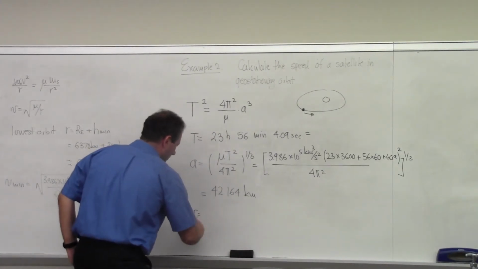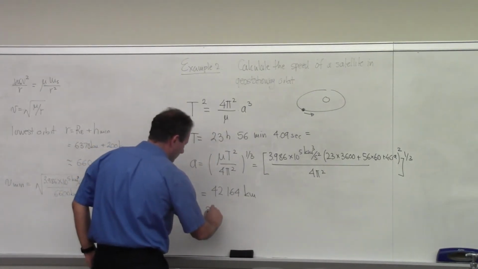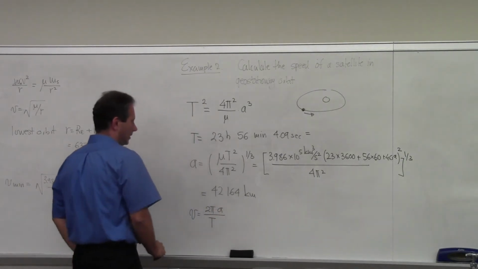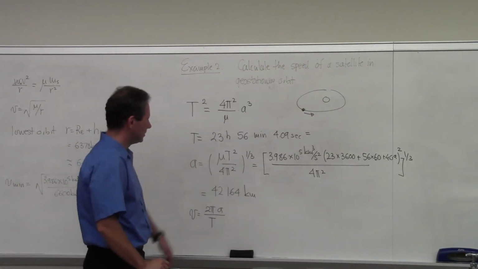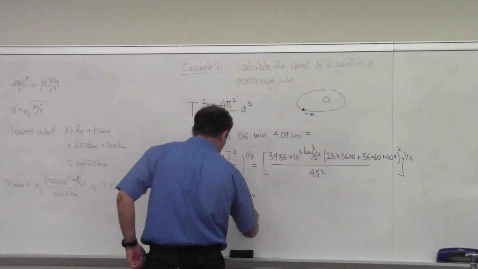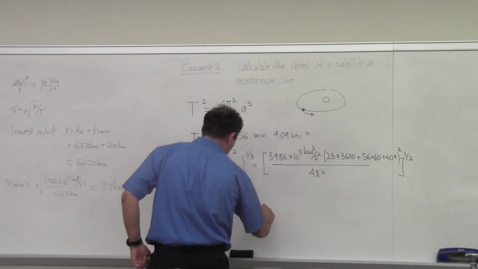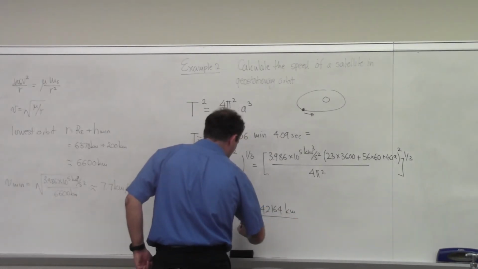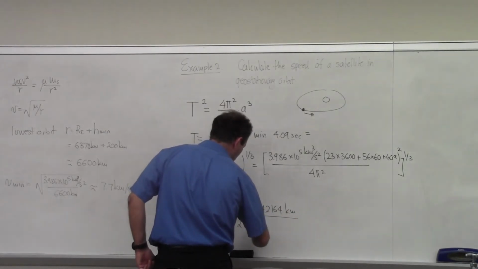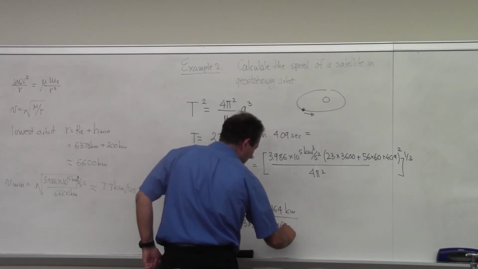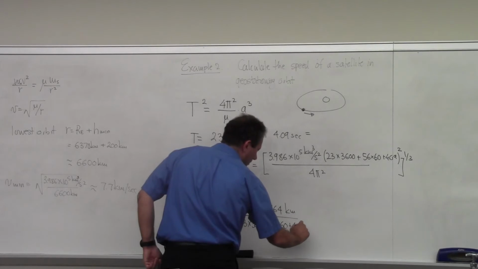Velocity is going to be equal to 2 pi times a divided by T. So this becomes 2 pi times 42,164 kilometers divided by this same number, 23 times 3600 plus 56 times 60 plus 4.09 seconds.